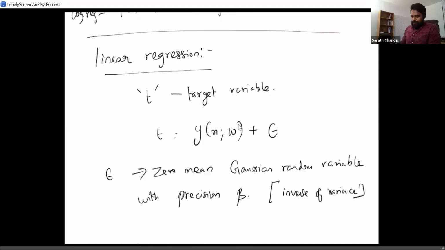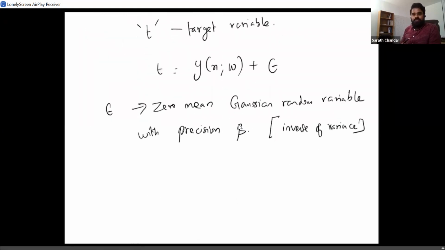Now the moment I assume that there's a Gaussian noise added, I can ask this question: what is the probability of t given x, w, and beta? You're adding a zero mean Gaussian noise, so t becomes a Gaussian centered around y.